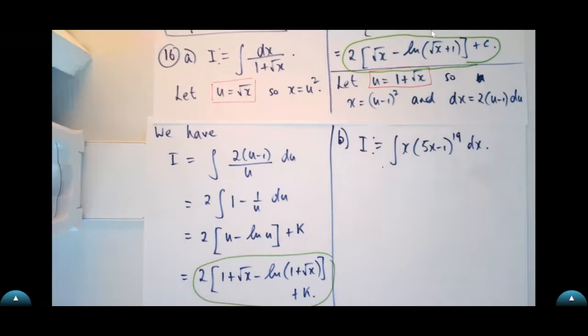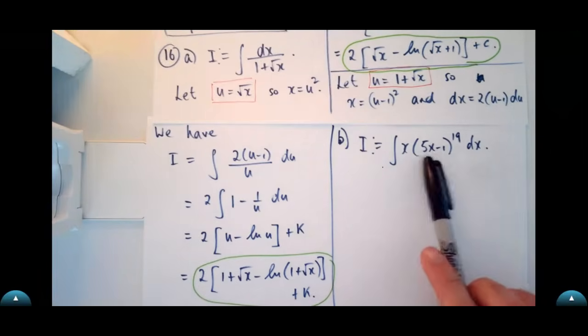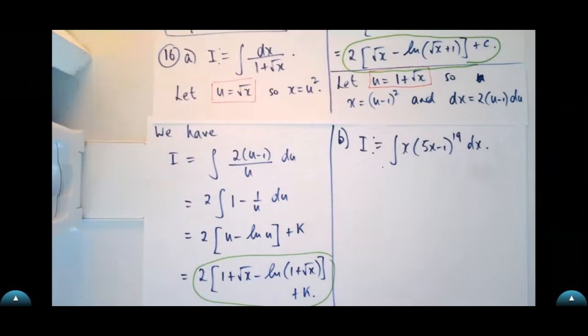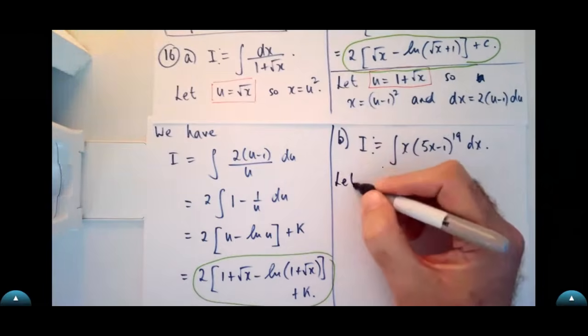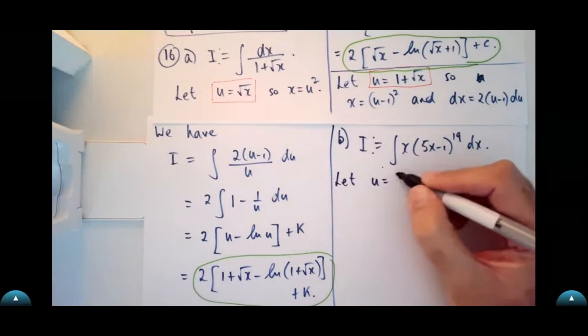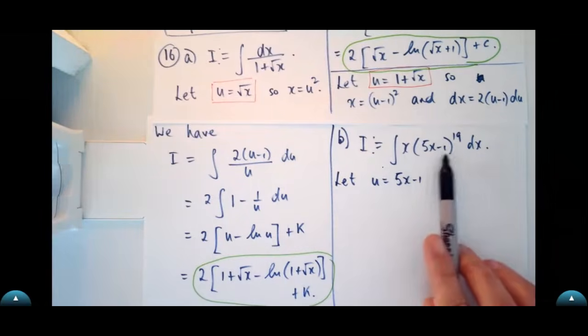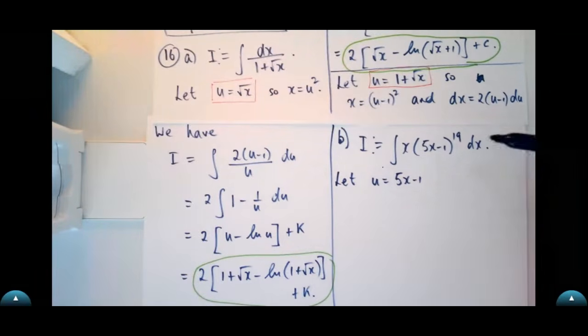So one strategy is to let this linear part inside be your u substitution. So let's try that. I've let u be the inside of that, and of course we can always integrate u to the 19, no problem with that.